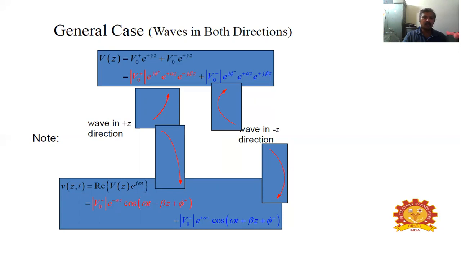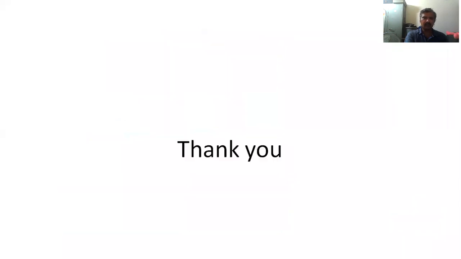That is equal to modulus of V0 plus into e power minus alpha Z into cos of (omega t minus beta Z plus phi plus), plus modulus of V0 minus into e power plus alpha Z into cos of (omega t plus beta Z plus phi minus). So this is the equation for both the waves, in the forward direction as well as in the reverse direction.